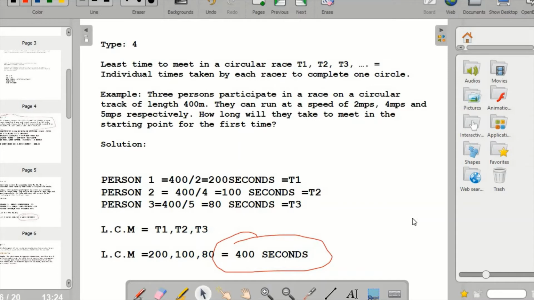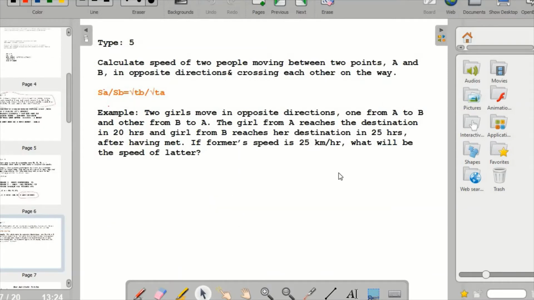Okay, shall we go for the next type? The last type: calculating the speed of two people moving towards points A and B in opposite directions. So we are going to find the speed when the persons move in opposite directions.